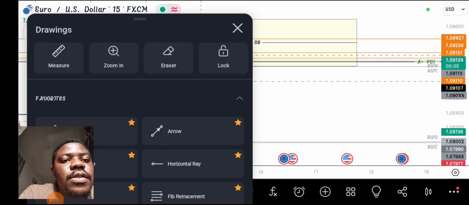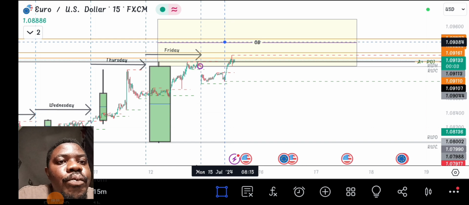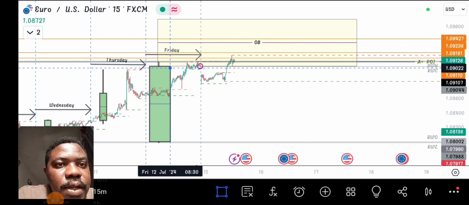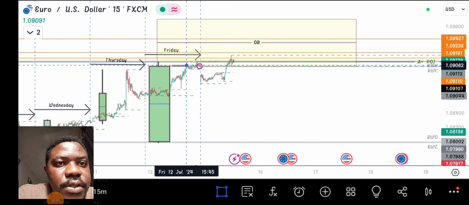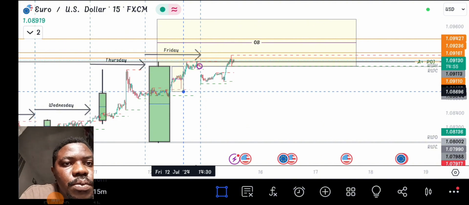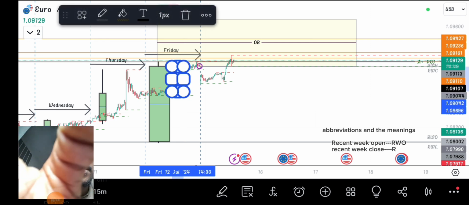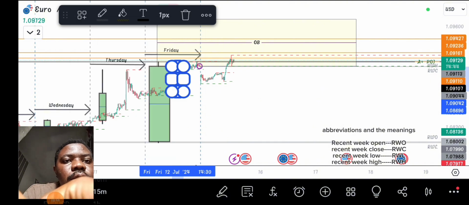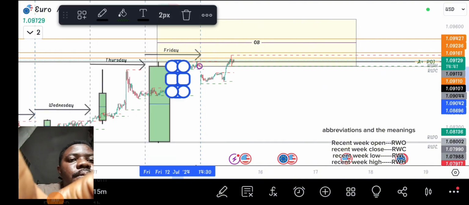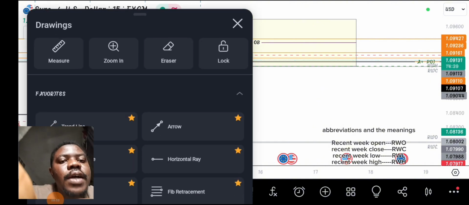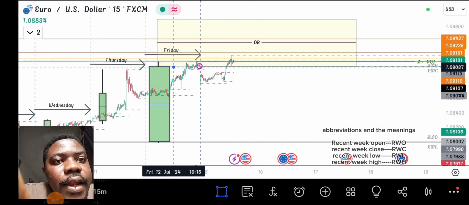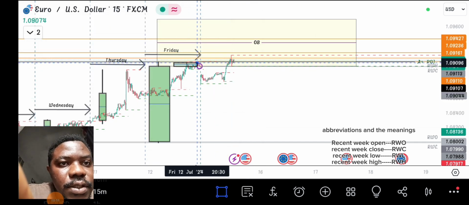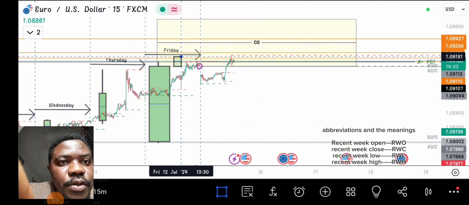Look at this quick one, guys. What if the next weekly candlestick that wants to print, let's assume, is going to open from here?